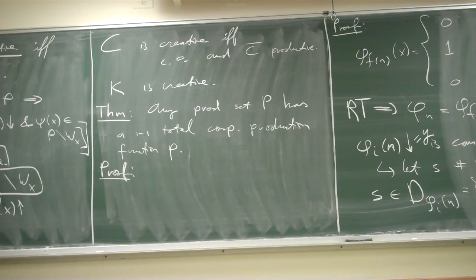I think the one-to-one, even though it's a little bit of technical work, there's a clear idea involved in making it one-to-one, because as soon as you have Wx a subset of P, then you can start generating different RE subsets of P by adding this phi of x to it.